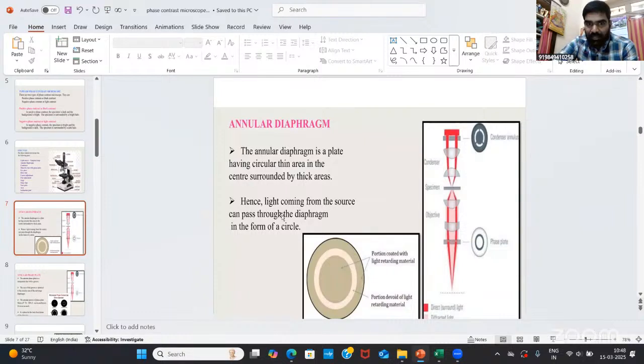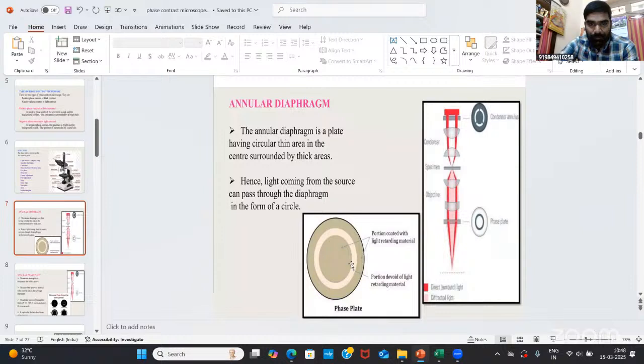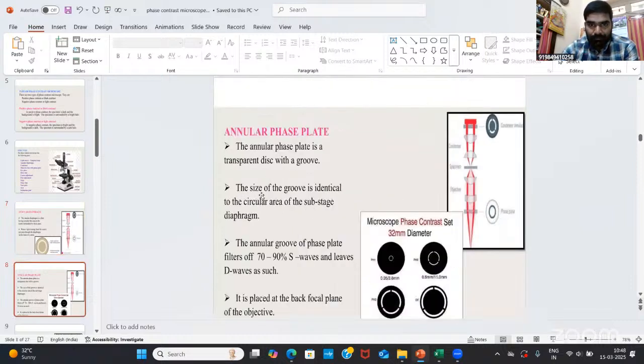Hence, light coming from the source can pass through the diaphragm in the form of a circle. There is a portion coated with light retarding material and a portion devoid of light retarding material. These are the two things you can observe here.